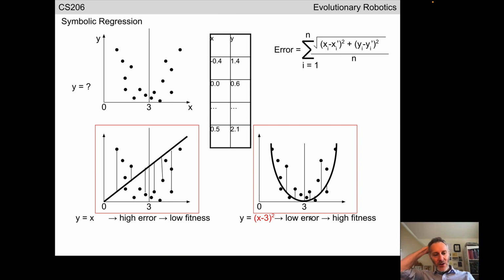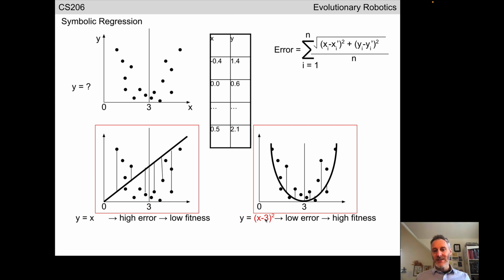So imagine now, instead of trying to do this by hand, which as you probably remember from high school is a difficult thing to do, we can automate this process by evolving populations of equations, and for each equation, measuring its error and turning that into a fitness.